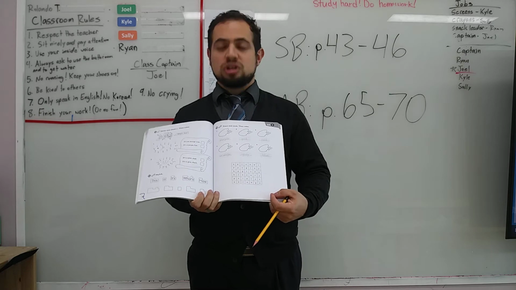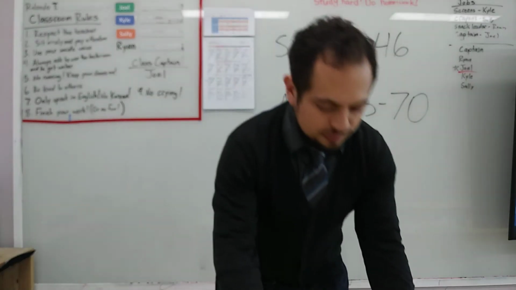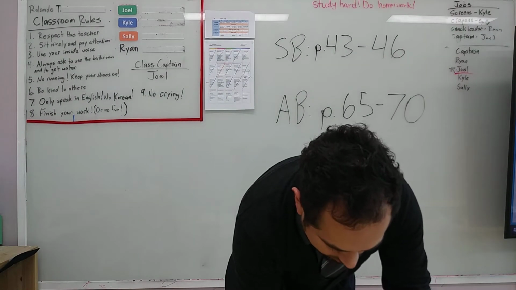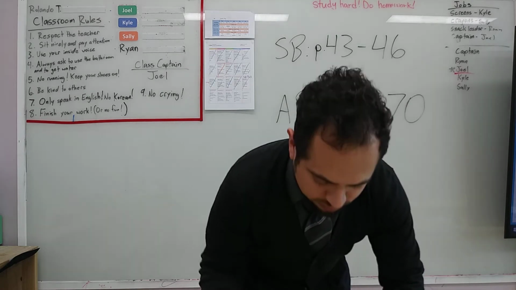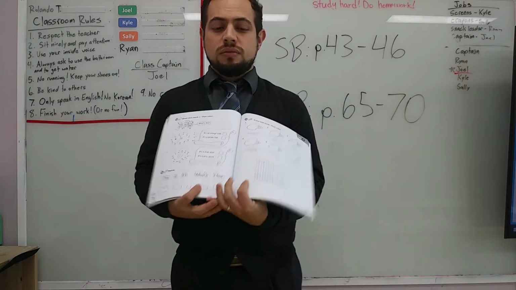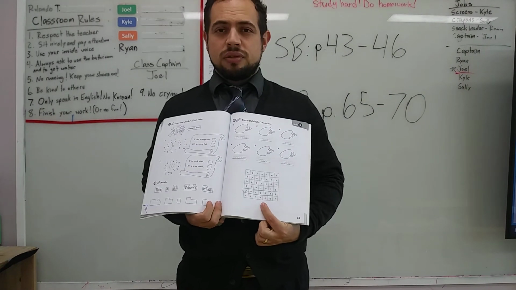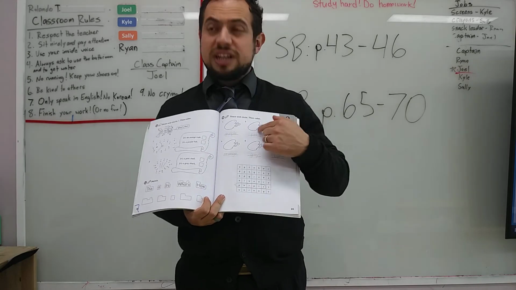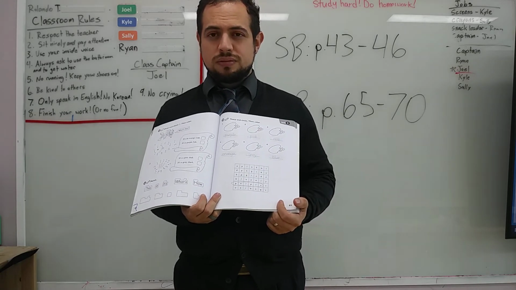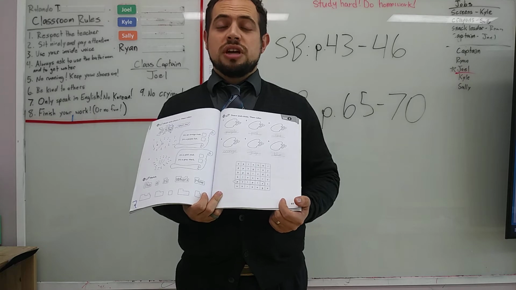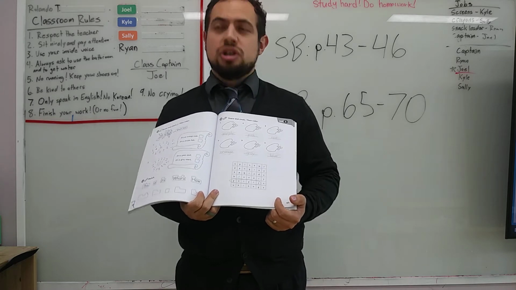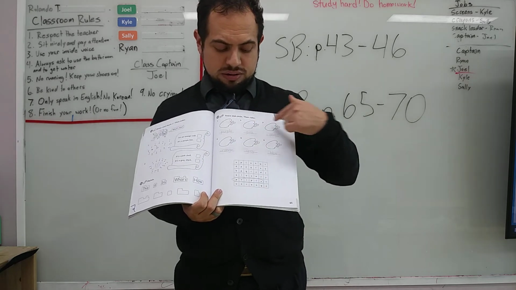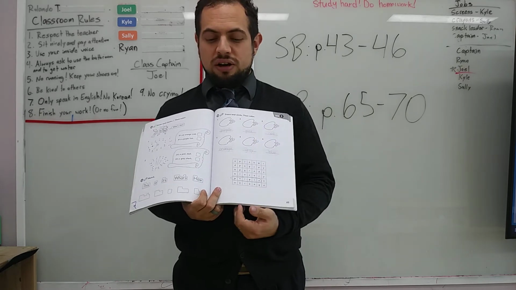So we'll go ahead and circle that. Just like that. So now, let's find the rest of the colors. When you're done finding the rest of the colors, you can go ahead and color each one the correct color.